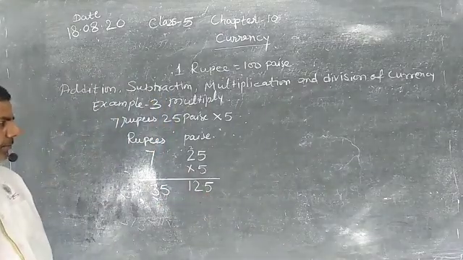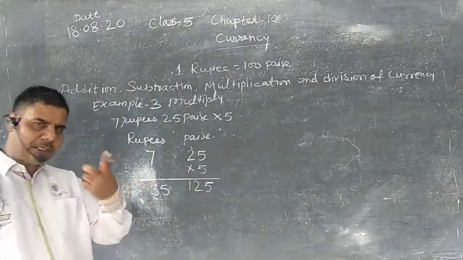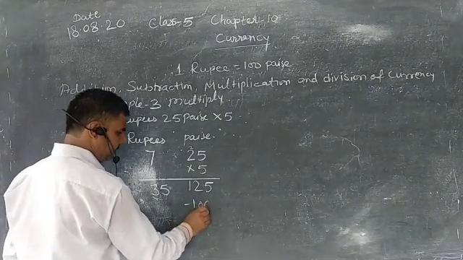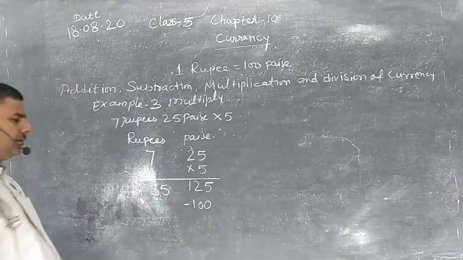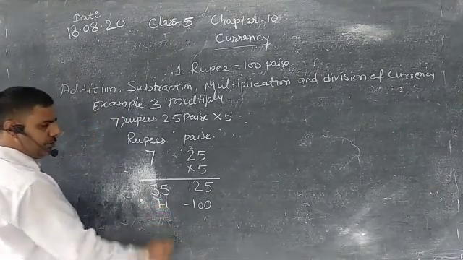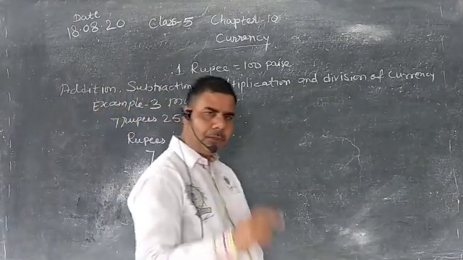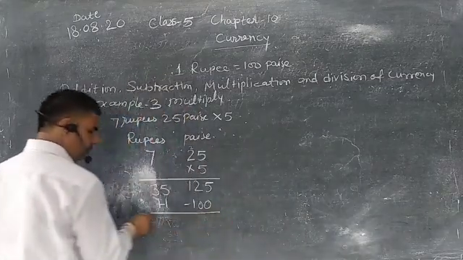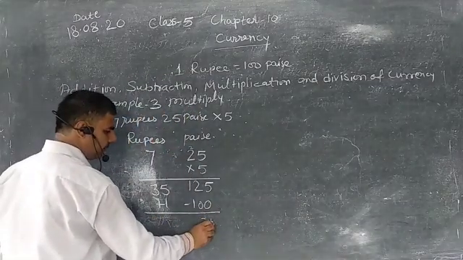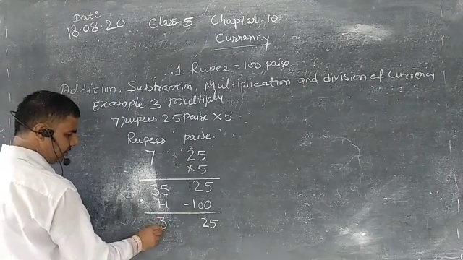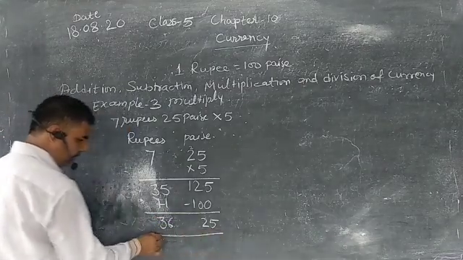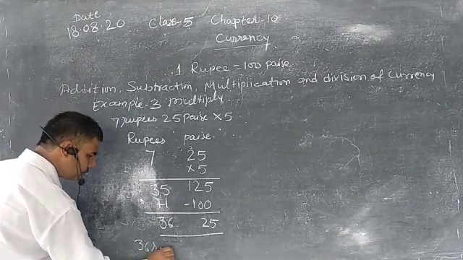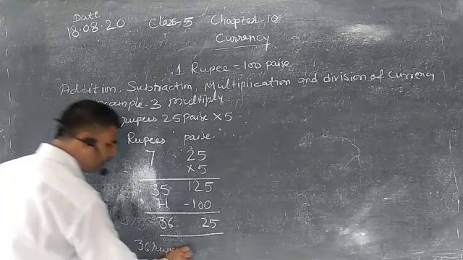There are 125 paise, which is more than 100 paise. Means we will subtract 100 paise, and for the 100 paise add 1 rupee, because 1 rupee equals 100 paise. Now this is 25 paise and this is 36 rupees, and our answer is 36 rupees 25 paise.